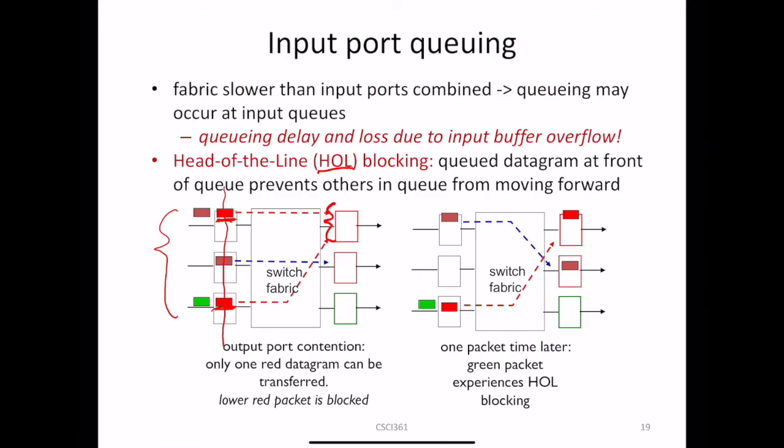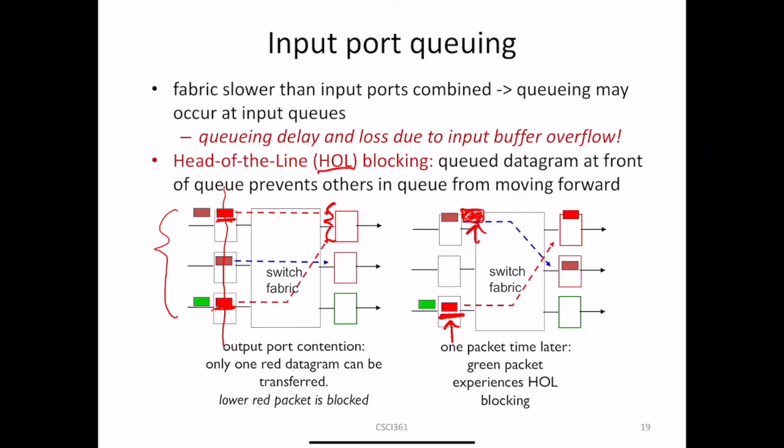So the red datagram on the top is so lucky that it can be loaded onto the output buffer first. The lower one must wait for this one to get loaded onto the output buffer.